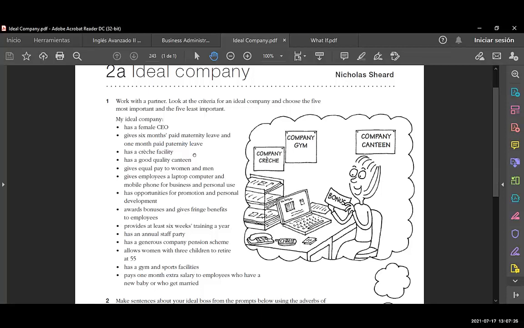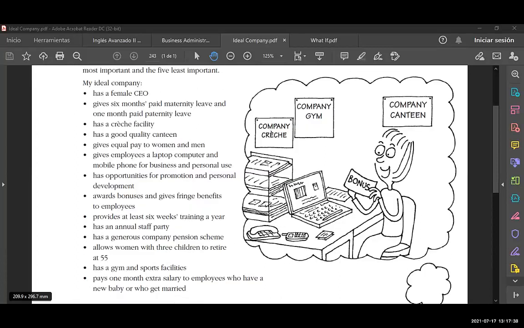Yes, teacher. Okay, I will give you 5 minutes. No, 5 minutes is too much. 3 minutes, and we check, please. Okay, teacher, thank you. Teacher, what does crèche mean? I can't find it.